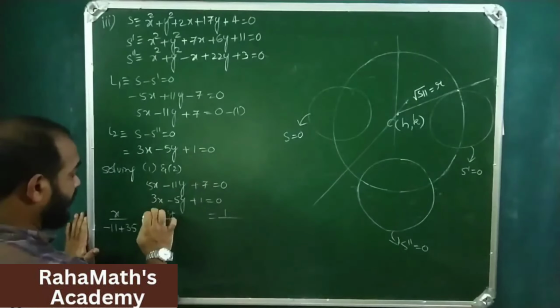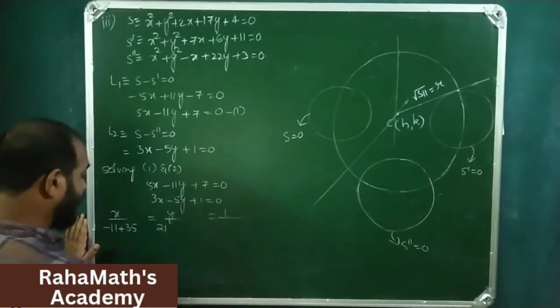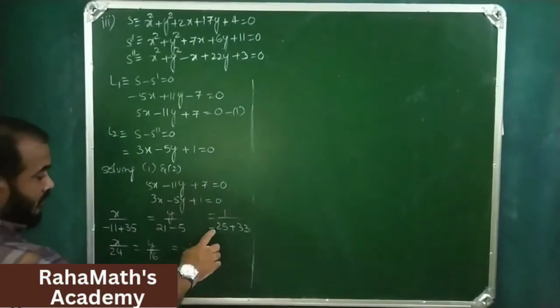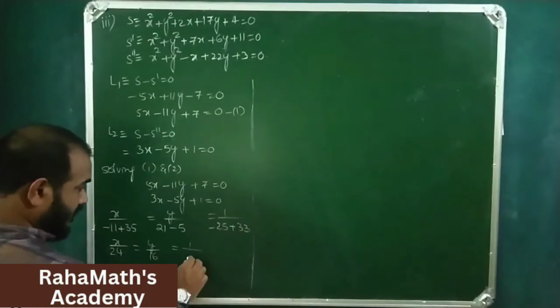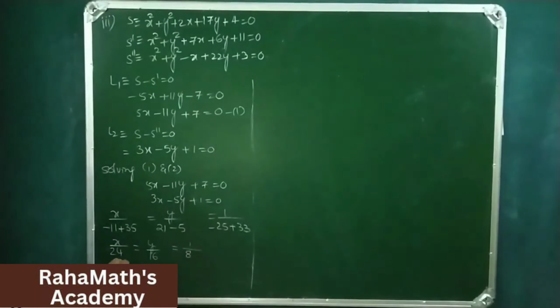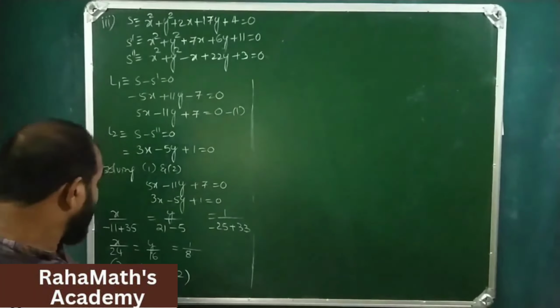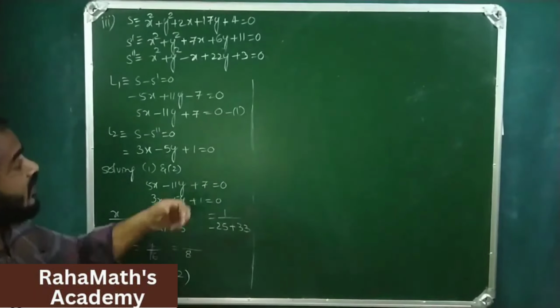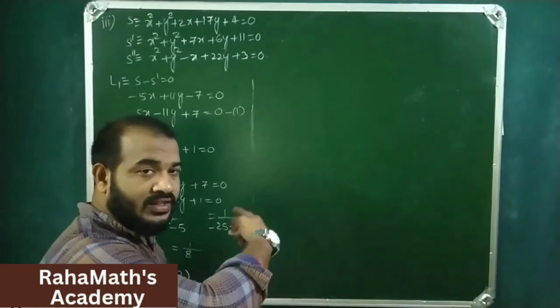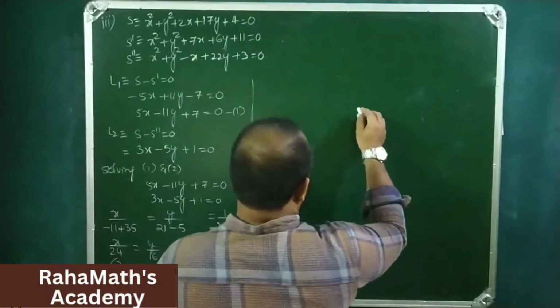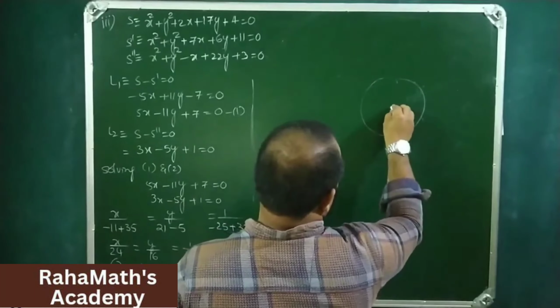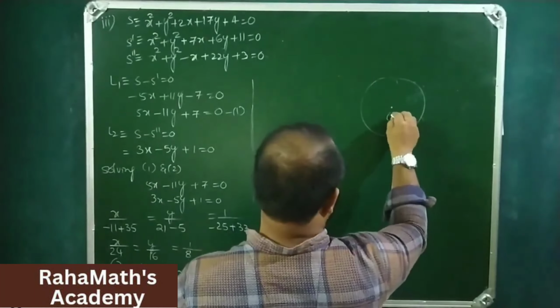Next y: 3 sevens are 21 minus 5 ones are 5. 1: minus 25 plus 33 is 8. Therefore, (x, y) is 24 by 8, which is 3, and 16 by 8 is 2. Therefore, this is the radical center of the required circle that is cutting all the three circles. So for this circle, the radical center is (3, 2).